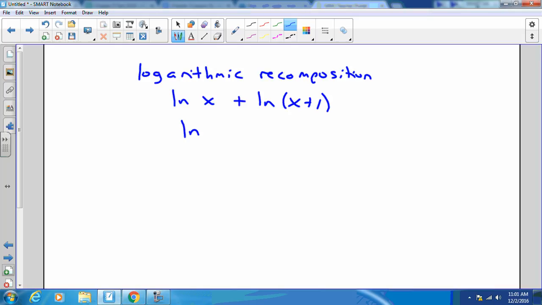And I look in the back, and what I see is ln of x squared plus x. And I go, oh, I missed it. Wait a second, maybe I didn't. Let me recompose these using my product property. ln of x plus ln of x plus 1 is ln of x times x plus 1, which is x squared plus x. So sometimes we will go in reverse and take those log properties and put them all back together. We would do that to pretty up our answer. That's really the only reason we do it.